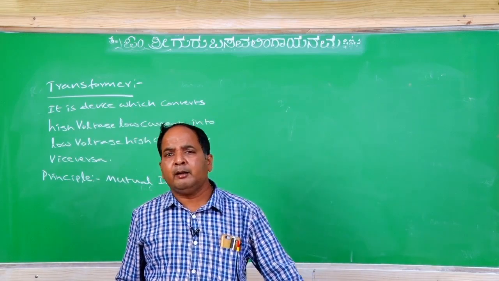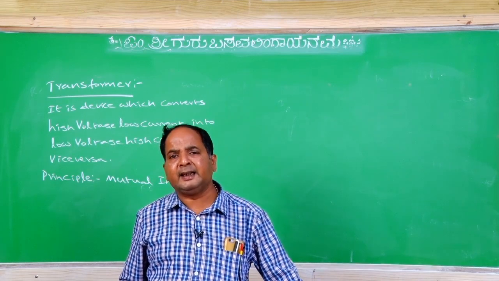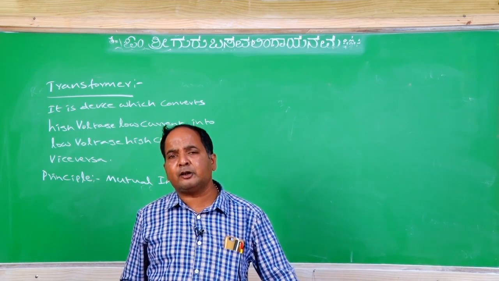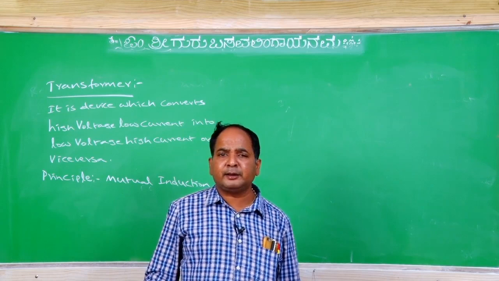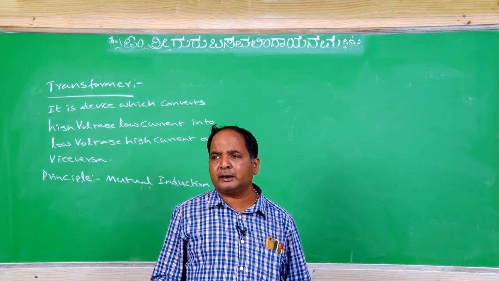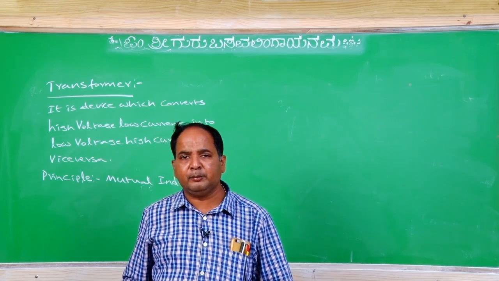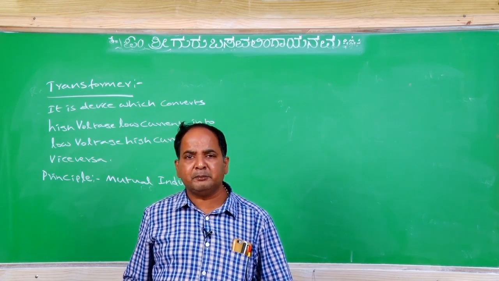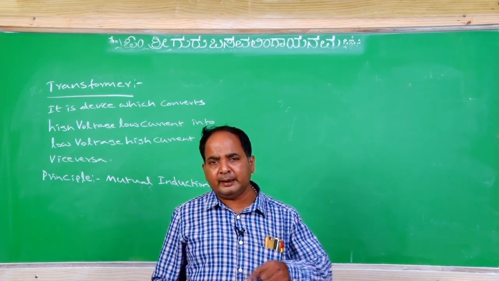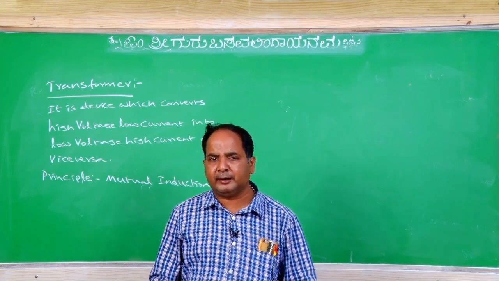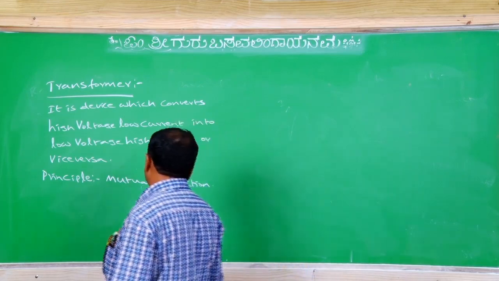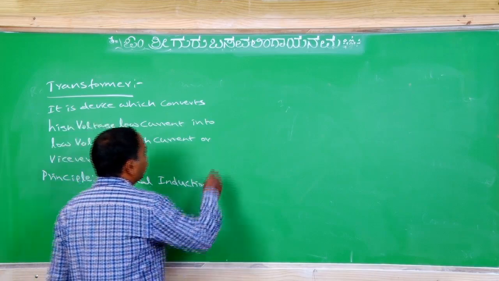If the magnetic flux linkage changes, then automatically an induced EMF or induced current is formed in any other coil, and that is said to be mutual induction. In the same coil it means self-induction. In any other coil, it means mutual induction.